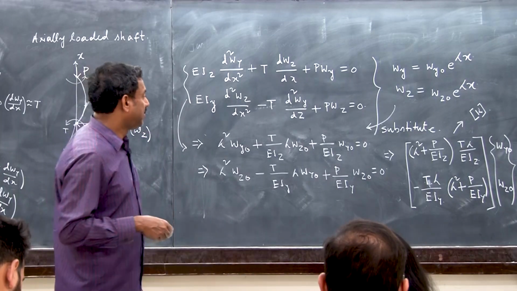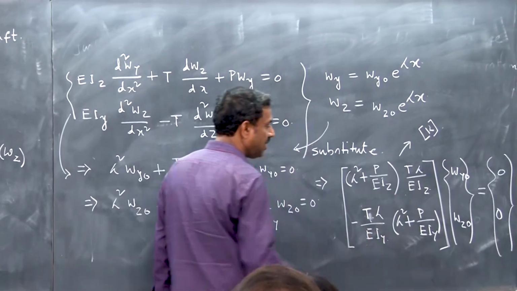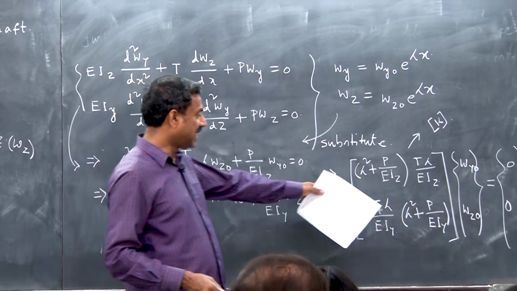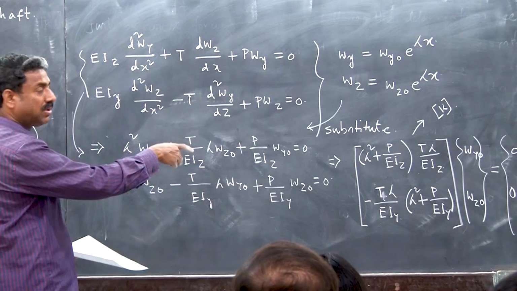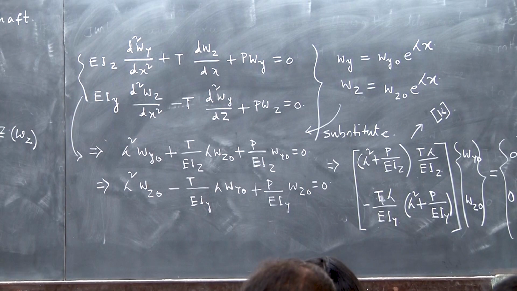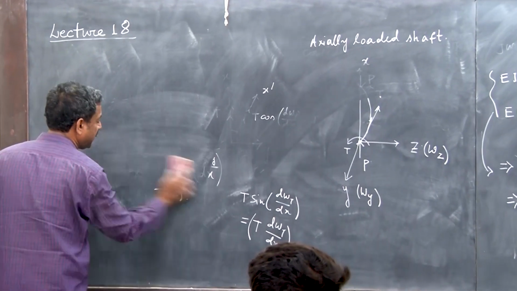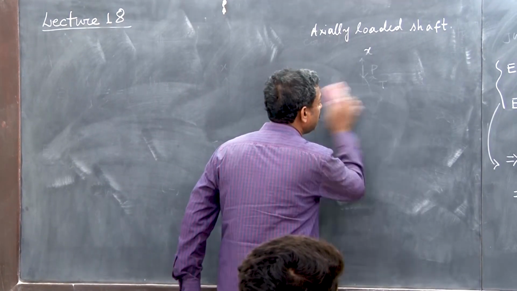Now when you solve this, for the characteristic equation the determinant of this system needs to vanish, right? Then what does it give? This gives a characteristic equation, and that equation will give us the eigenvalues on solving.